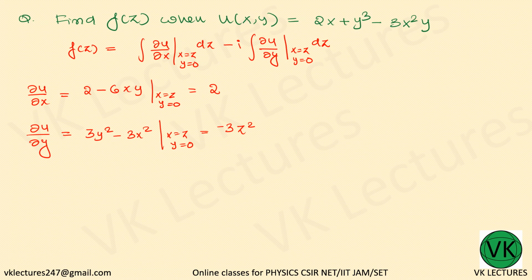So now putting it in the equation, the integral of dou u by dou x is 2 dz, minus i into the integral of dou u by dou y, that is minus 3z square dz, so that's equal to 2z plus i into 3z square, which integrates to z cube by 3, so z cube.